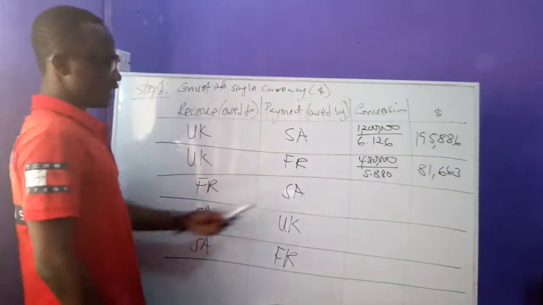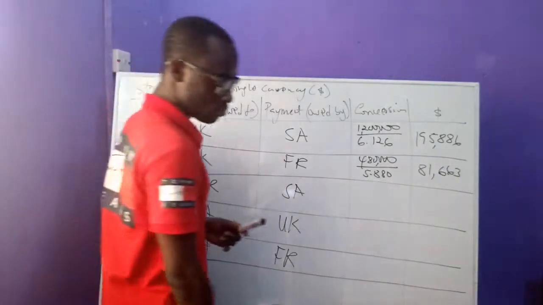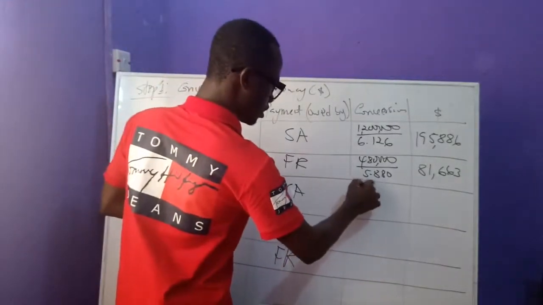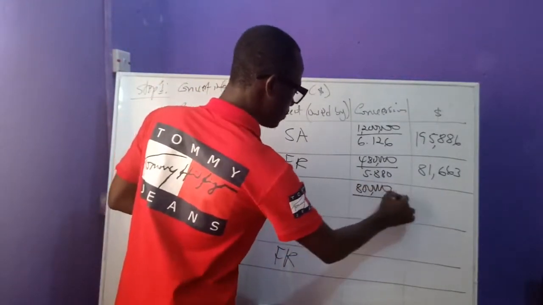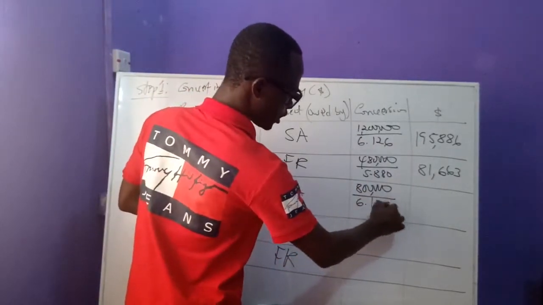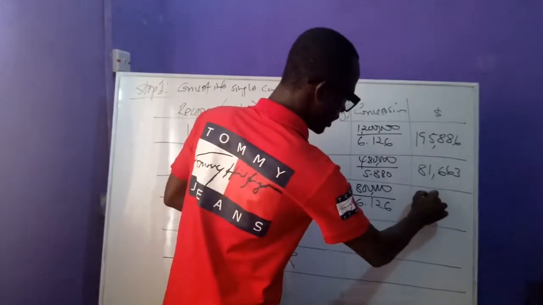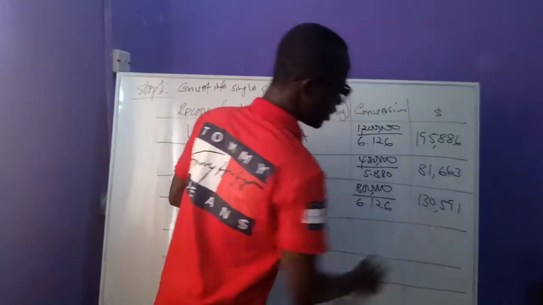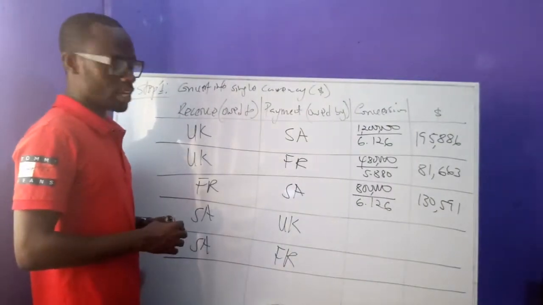Third, the South Africa company owes the France company an amount of 800,000 rand. So we divide that by the rand rate, which is 6.126, and that should give us $130,591. I hope you are following the idea.